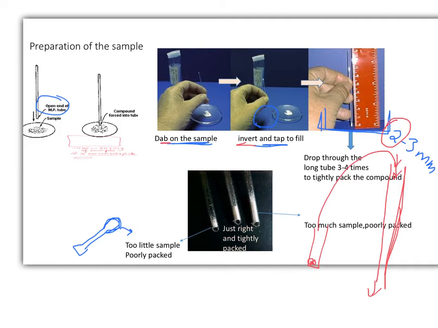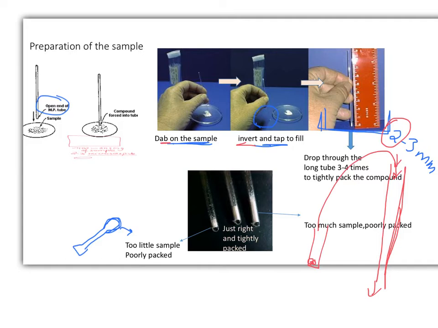And so now when you start heating your sample, the air is going to expand and it may produce A, uneven heating, B, a bubbling-like effect, and that can skew your data. You might feel that the sample is decomposing when it's not. So crushing and good packing removes any of those teeny-weeny spaces and fills it with just your compound, which is always a good thing for your data.